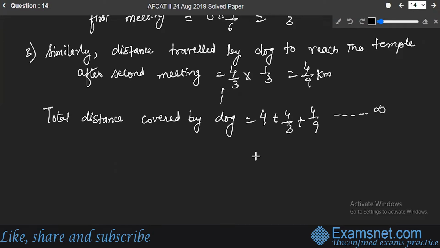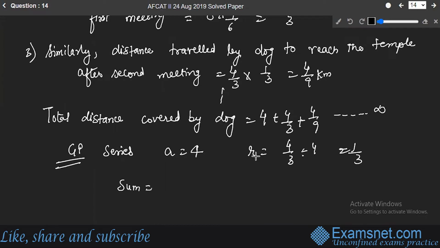So this is forming a GP series, right? In which A is equal to 4 and R is equal to 4 by 3 divided by 4. This will be 1 by 3. Right. So sum of the GP is given by A upon 1 minus R. 4 upon 1 minus 1 by 3.